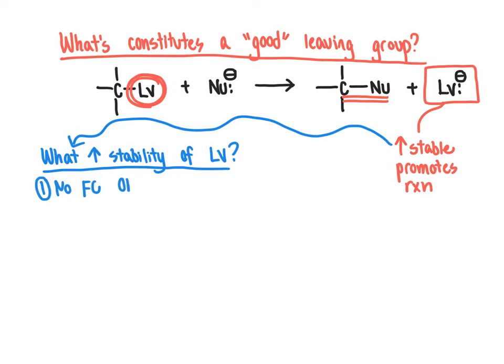Or, if there is a formal charge on the leaving group, then it's best to have that formal charge on the most electronegative atom. So no formal charge is the best case scenario, or if we can't do that, having the formal charge on a more electronegative atom is more favorable. So that's that.